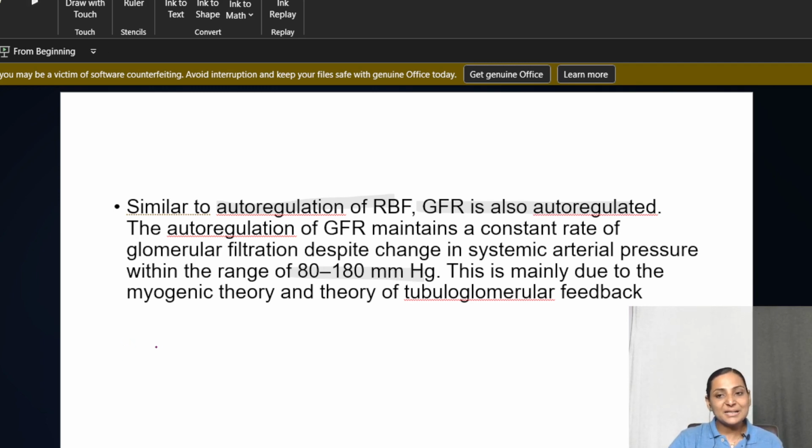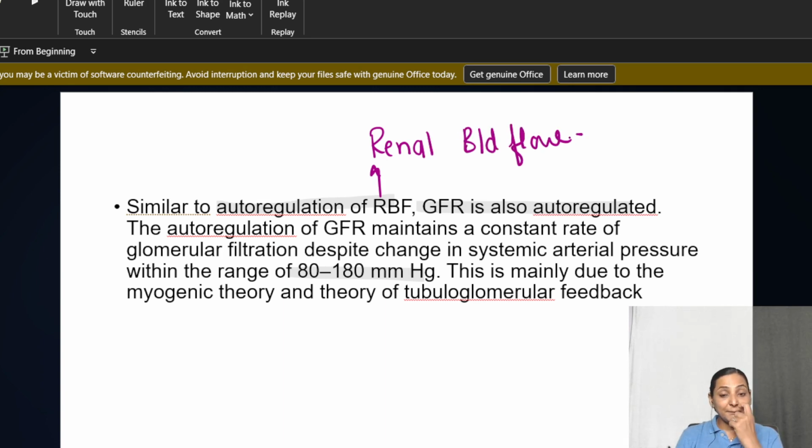That means if the mean systemic blood pressure, which is normally 90, decreases to 80 or increases to 180, still the renal blood flow and the GFR are well maintained. They are not increased or decreased. This is called auto-regulation.